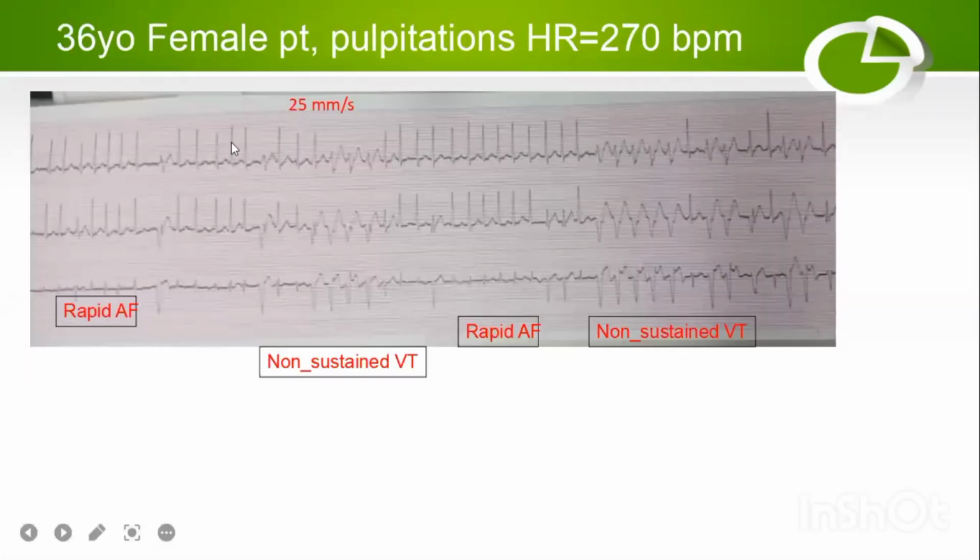The next slide, a 36-year-old female patient came with palpitation. Her heart rate was 270 beats per minute. This ECG is narrow complex tachycardia alternating with wide complex tachycardia of some sort.